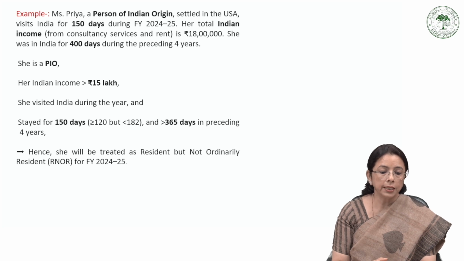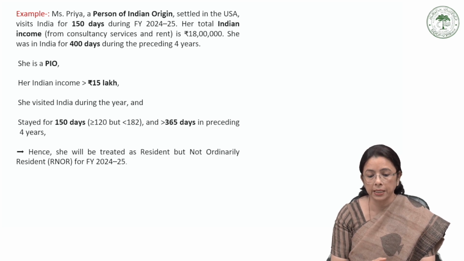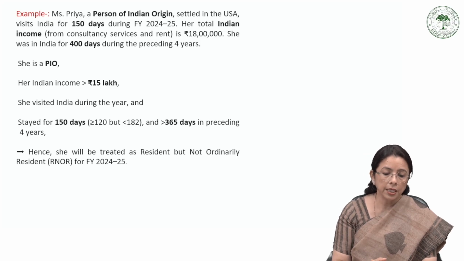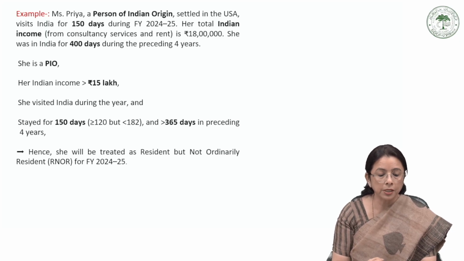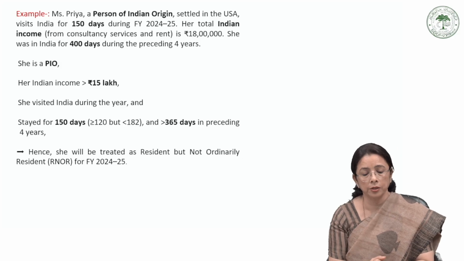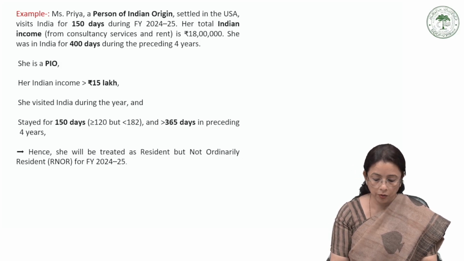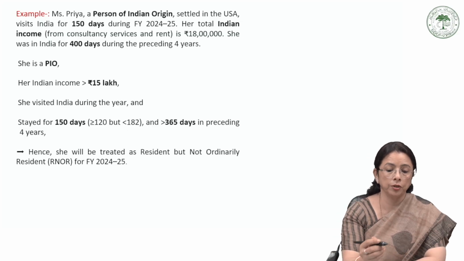Her total Indian income from consultancy services and rent is 18 lakh. She was in India for 400 days during the preceding year. First, whether she is a citizen or PIO: she is a PIO, a person of Indian origin.